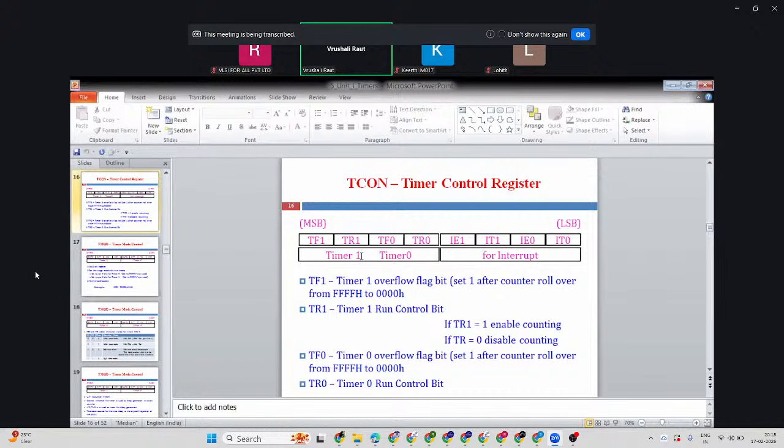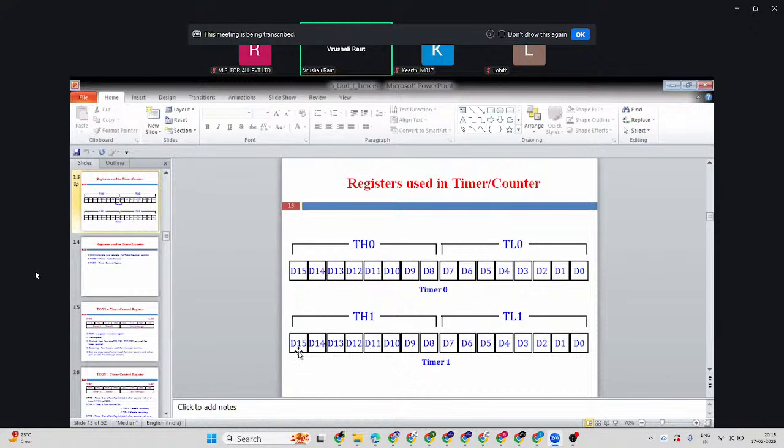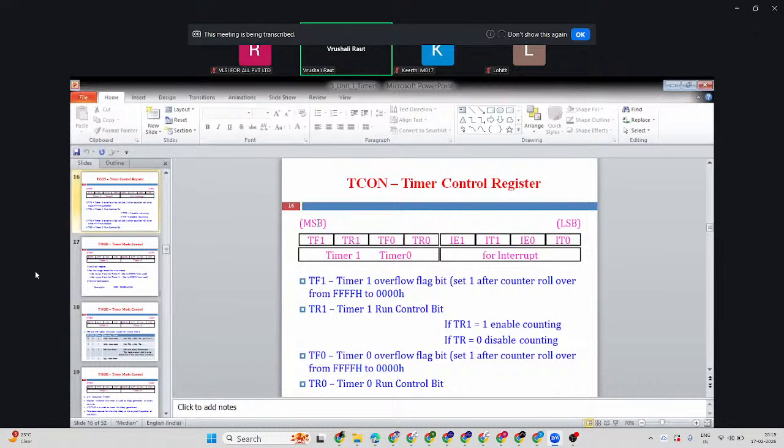When your timer 1 register, by incrementing, reaches FFFF, and then once it becomes FFFF, it will roll over to 0000, and at that position your flag bit will be set to 1. This is the timer 1 overflow flag bit. Once it is full, it will come down to 0.